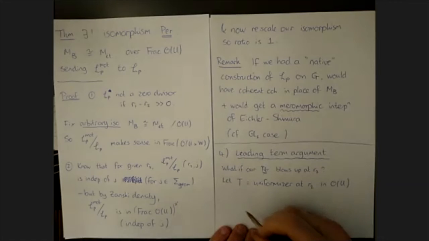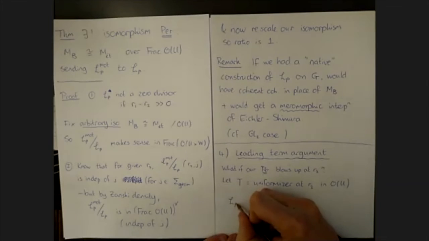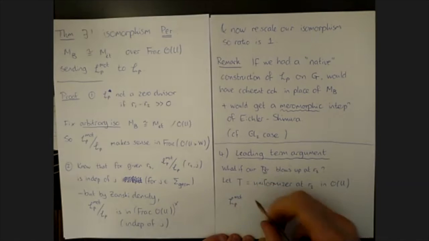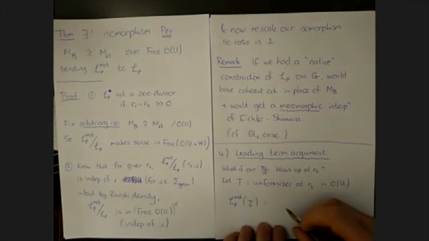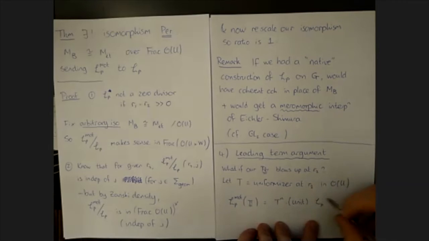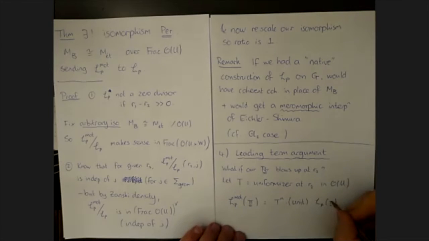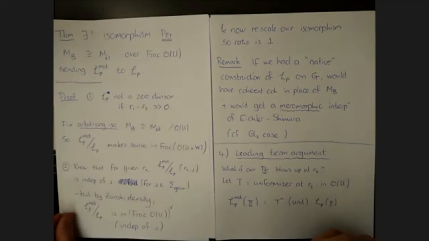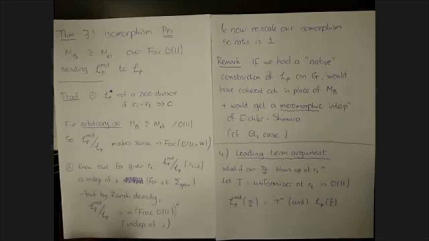So what comes out of our constructions is that L_p mot underlying pi is going to be equal to T to the n for some n times L_p underline pi hat strictly.